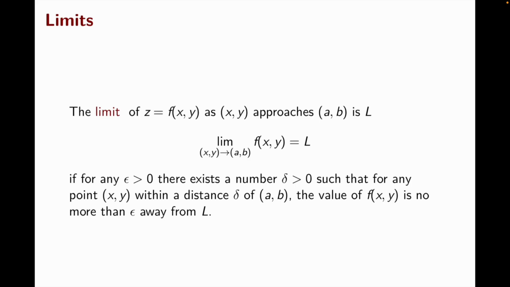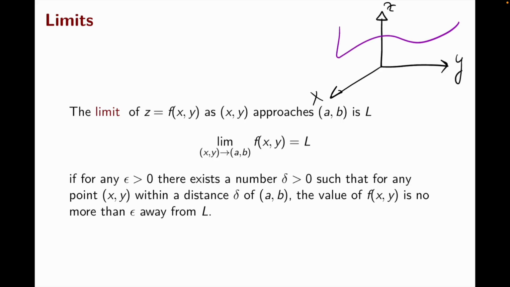So this is the familiar definition you know from Calculus 1, only that this idea of closeness to a point, we have to think now in several dimensions. So if we have, again, our system of references with x, y, and z, and we have here a surface as before.